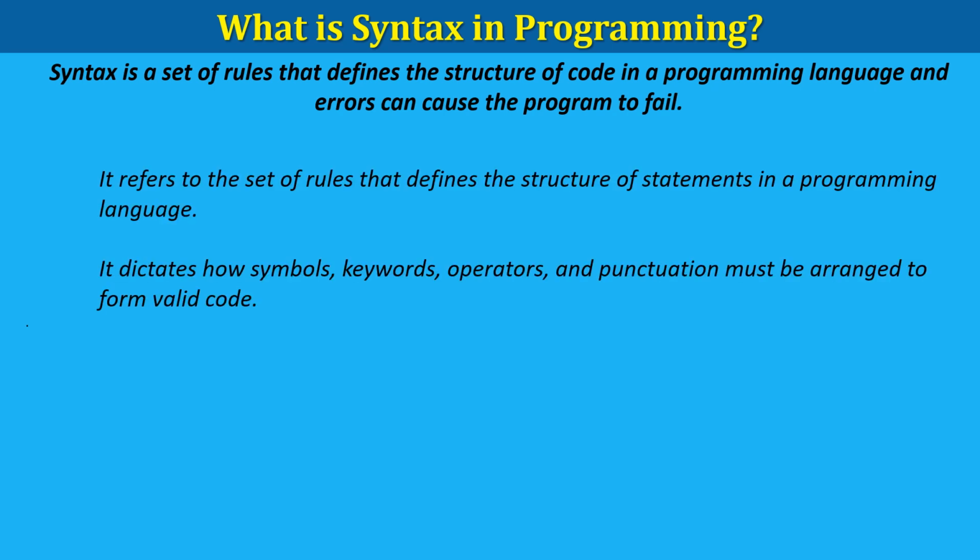Syntax refers to the formal rules that dictate how code must be structured to be understood by the compiler or interpreter. Similar to grammar in human language, syntax governs the arrangement of symbols, keywords, and punctuation needed to write functional code. Violating these rules results in a syntax error, preventing the program from executing.